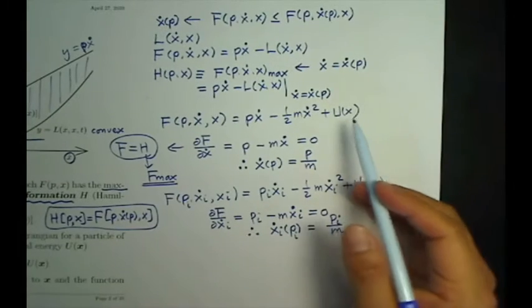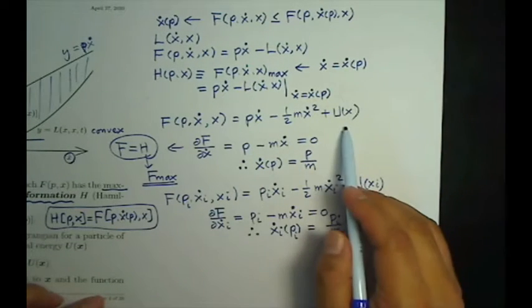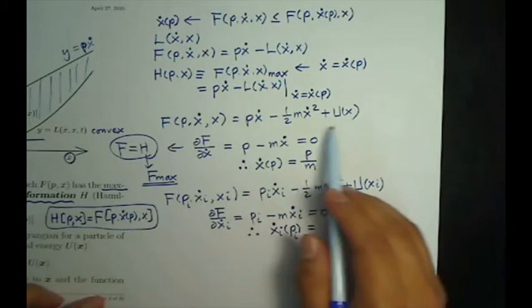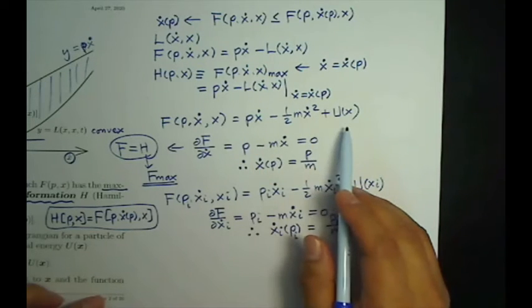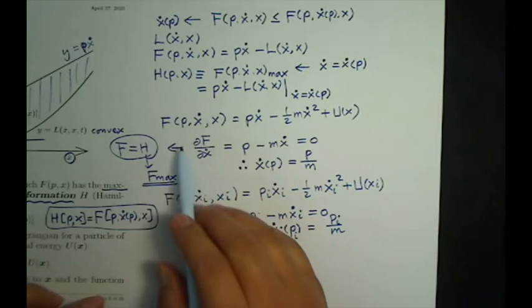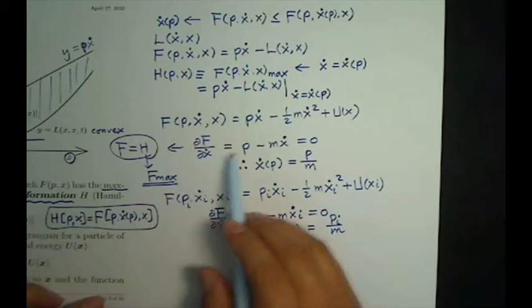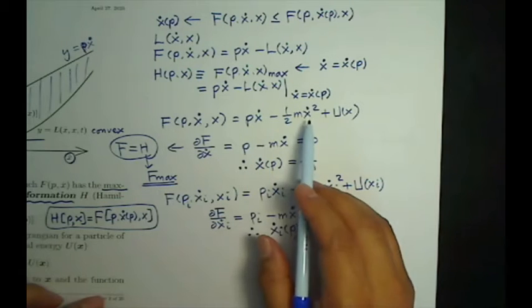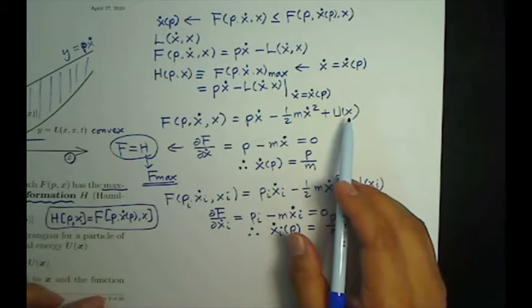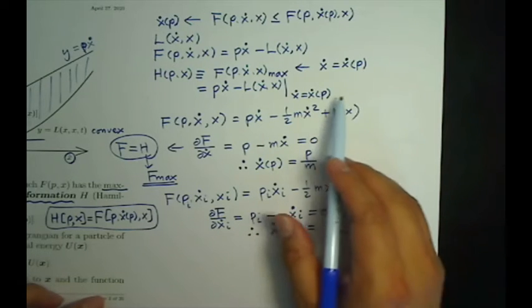So this becomes the maximum value when we take the partial derivative with respect to x dot. The partial derivative of f with respect to x dot is p minus m x dot, and the potential energy is independent of velocity.